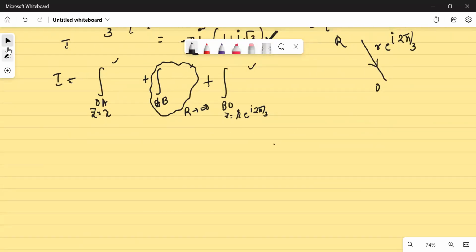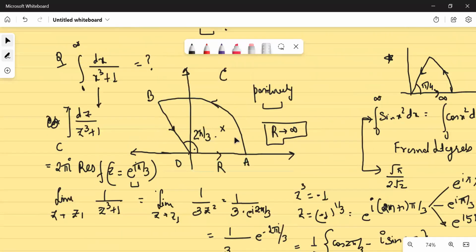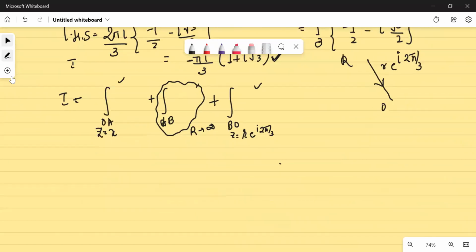And understand what AB is. Okay. So along AB, you can clearly see your theta varies from 0 to 2 pi by 3, and any point on this can be written as r into e to the power iota theta. Is that clear? And we have to evaluate this integration as r tends to infinity.